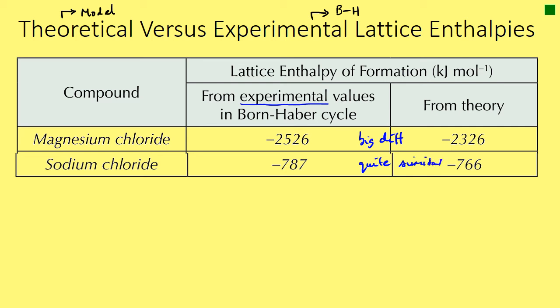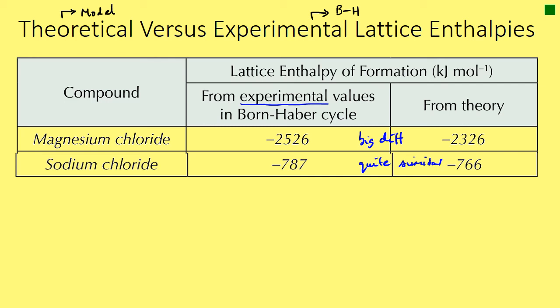So what conclusions could we draw from that? Well, we could say straight away that the bonding in magnesium chloride, and in fact both of them, but especially magnesium chloride, is stronger in practice than theory would suggest, because you've got a more exothermic lattice enthalpy in reality than you would calculate from perfect ionic theory.